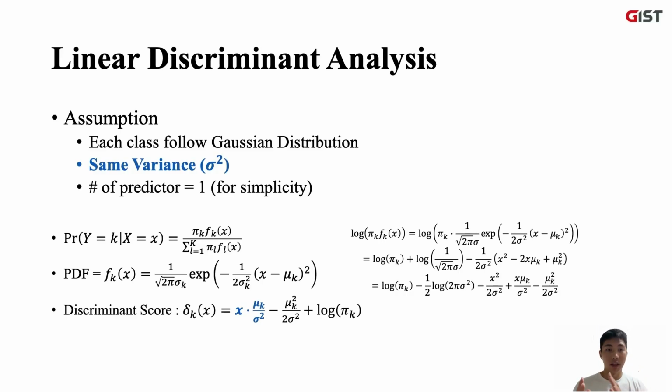After removing the constant terms and rearranging the remaining ones, we finally arrive at our desired discriminant score, delta_k(x). This is the formula you can see on the slide. As you can see, it takes the form of y equals ax plus b. It is a perfect first degree equation of x. In other words, a linear function.